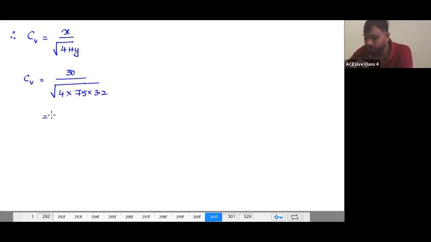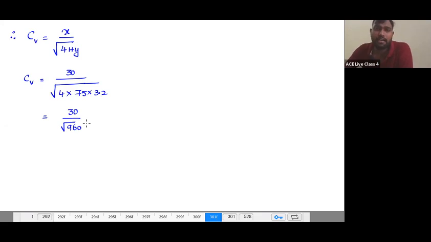So 75 into 4 is 300. 300 into 3 is 900, and 300 into 3.2 is just more than 900. 300 into 0.2 is 60, so this is going to be 30 by root of 960.